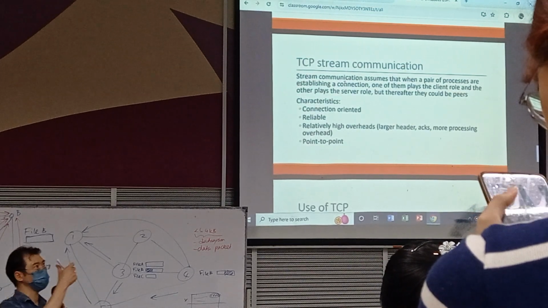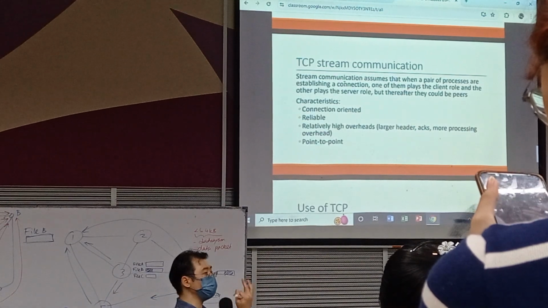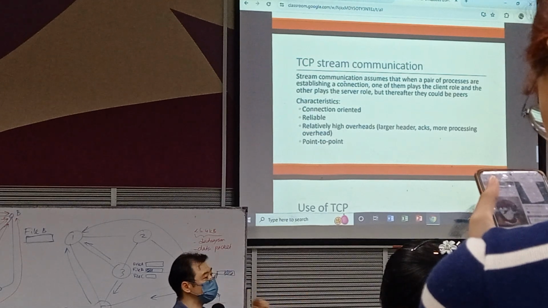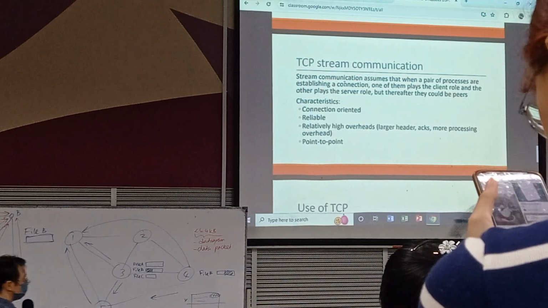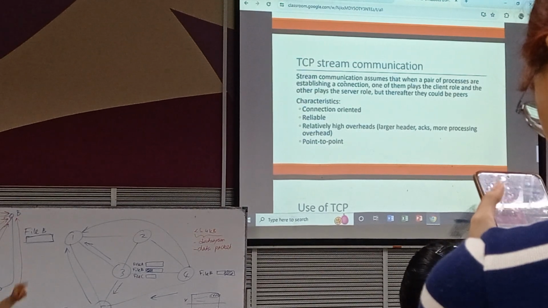Let's say I received 0, 1, 4, 5, 6. I did not receive 3. If I notice that, I give a negative acknowledgement for 3 to node A, so that node A knows that packet is missing, and then it will send it again.